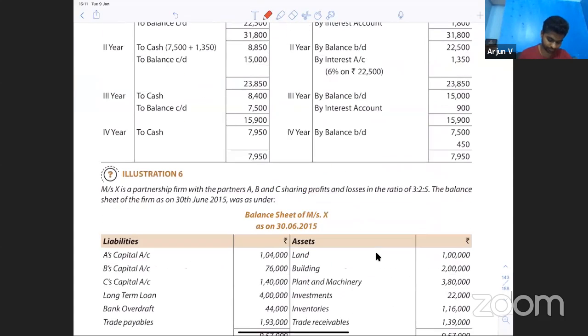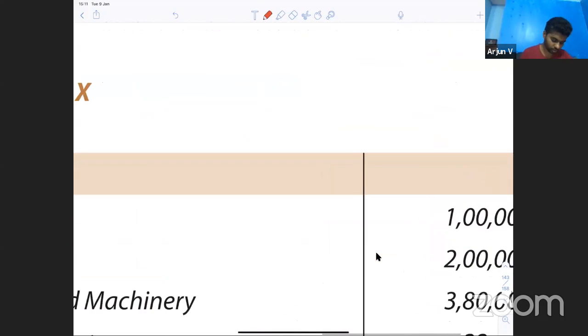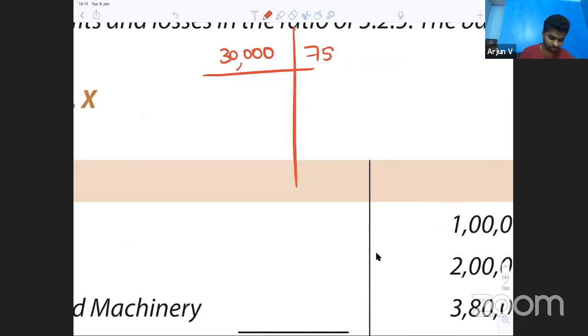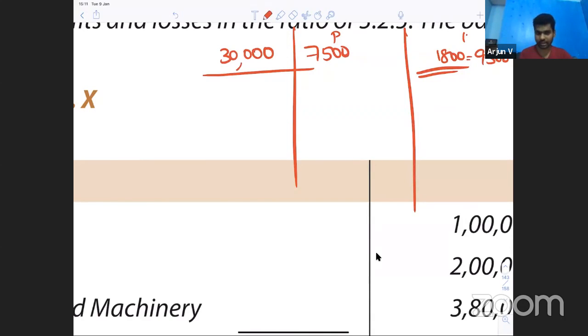So see here, the working note. First year, I have 30,000. I am going to pay 7,500 towards principal and interest 1,800. So in total I'll be paying 9,300. Correct? Second year, out of 30,000, if I've already paid 7,500, what is the outstanding amount?